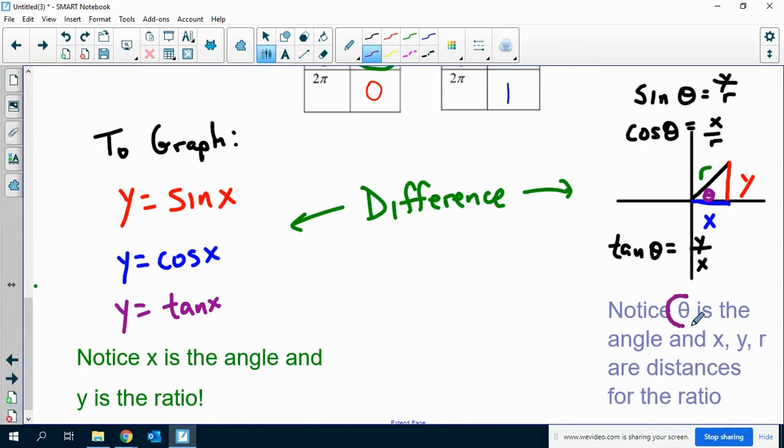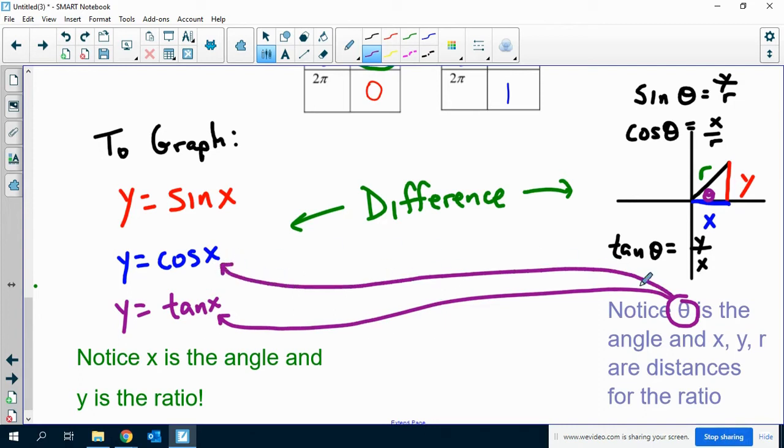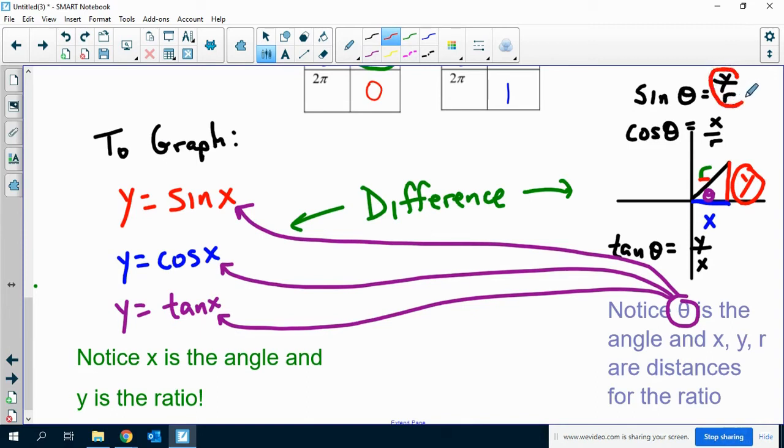And theta, being the angle, means that theta in this picture represents x on these graphs. So whatever theta was in our picture for the unit circle is going to be placed in the spot of x when I'm graphing these functions. And then y over r, whatever that ratio is, is now going to represent the new y value over here in my sine graph.